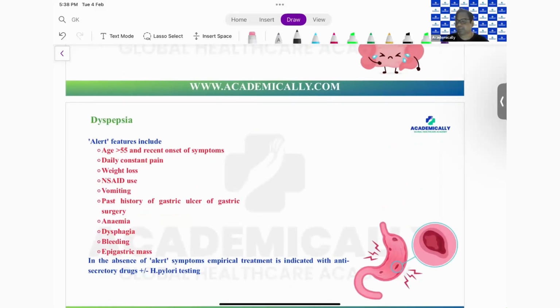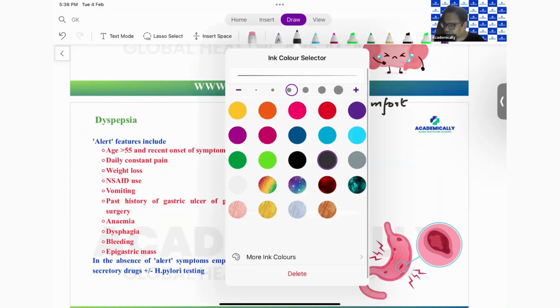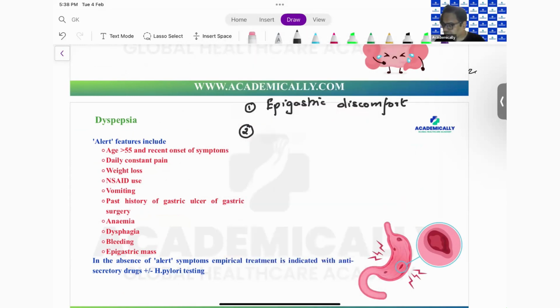What do we mean by dyspepsia? Okay, it's a vague thing. It can mean either of these two things. It can either mean epigastric discomfort or pain, or it can even mean postprandial bloating of the abdomen.